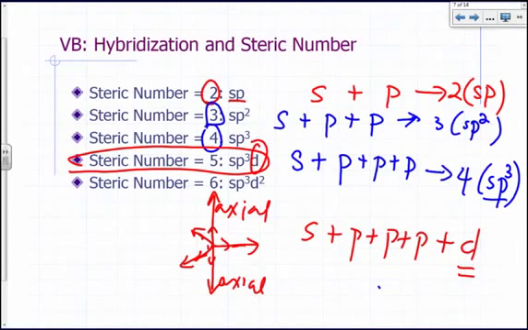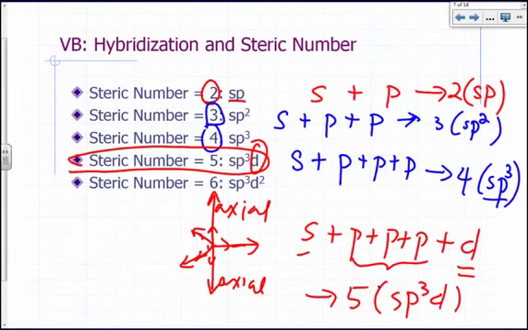So we hybridize one of the d orbitals with an s and the 3 p orbitals. That gives you 5 hybrid orbitals, which we call sp3d. And finally, if you have a steric number of 6, you need to hybridize an s orbital, 3 p orbitals, and 2 d orbitals, so the hybridization is sp3d2.